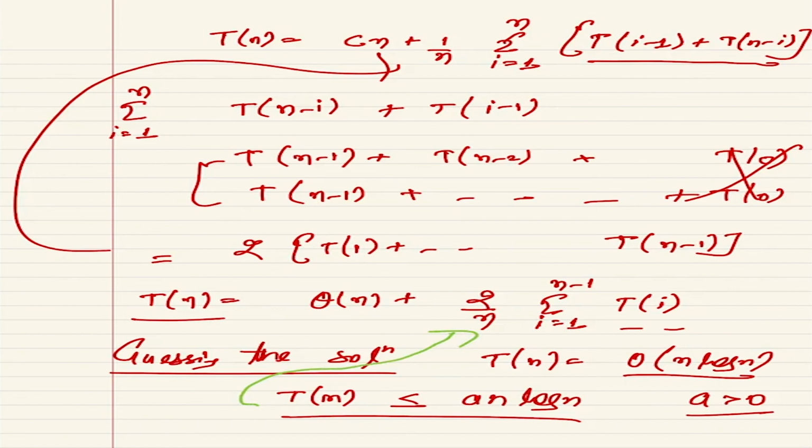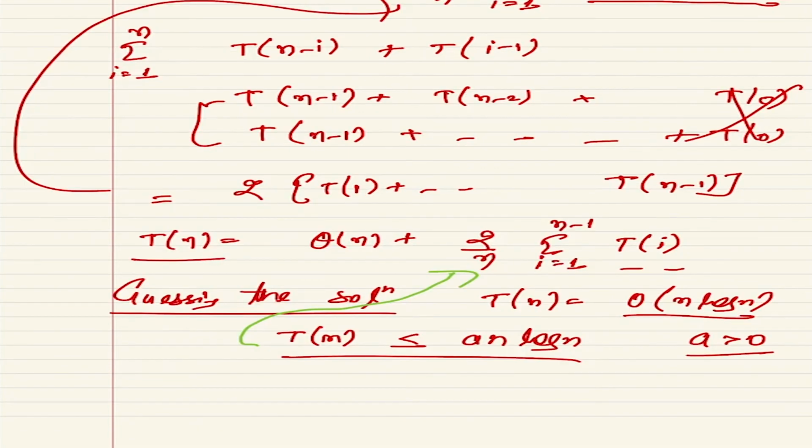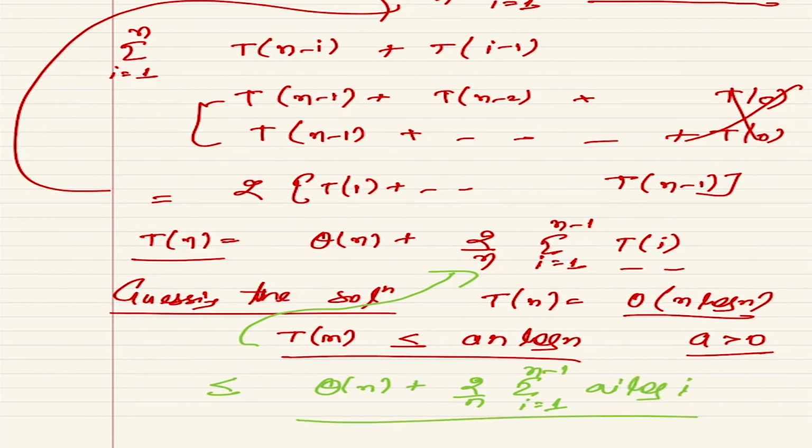Because Ti will be less than or equal to a i log i, Tn is less than or equal to theta n plus 2 by n sigma i equal to 1 to n minus 1 of a i log i. So Tn is less than or equal to this particular quantity.